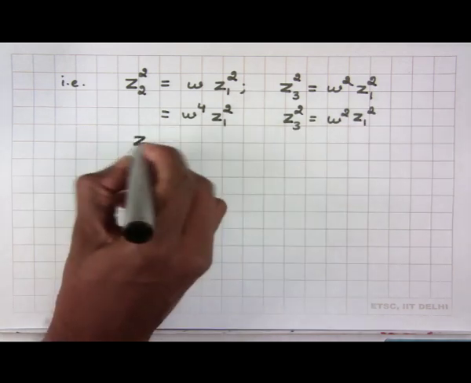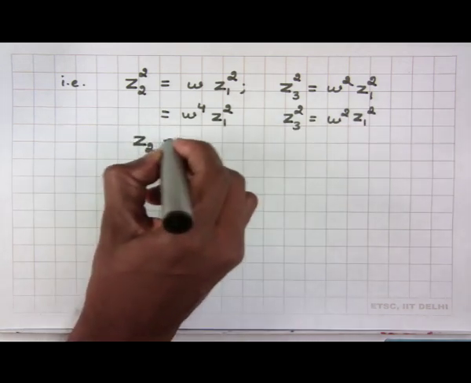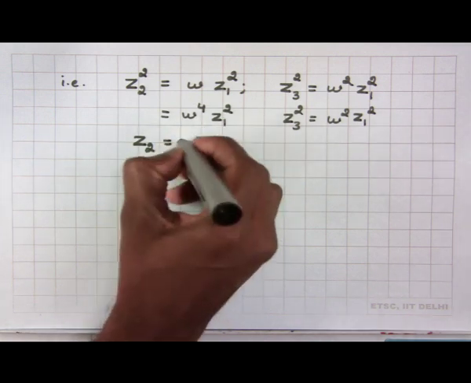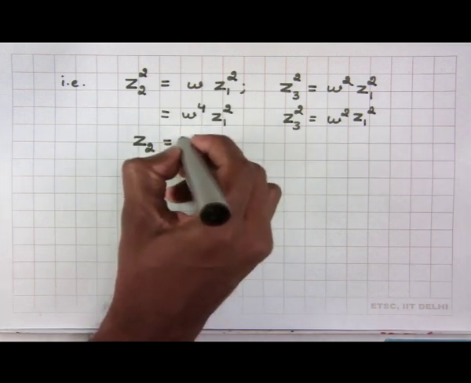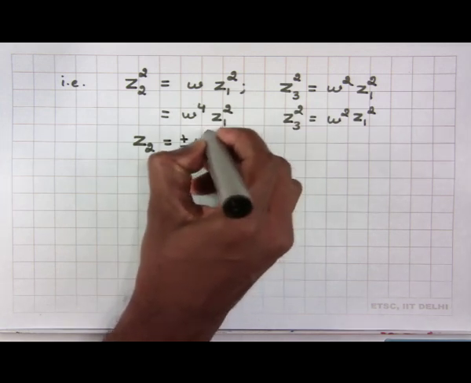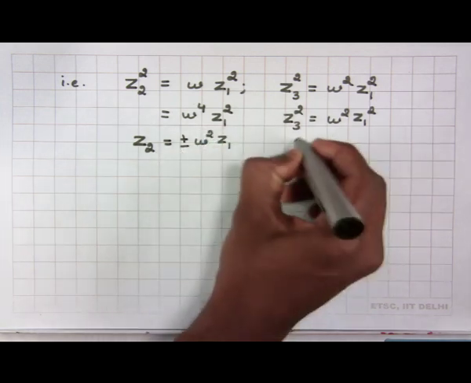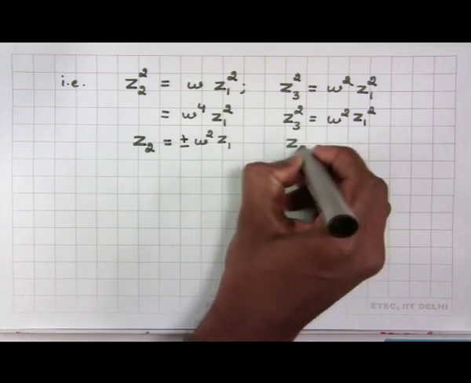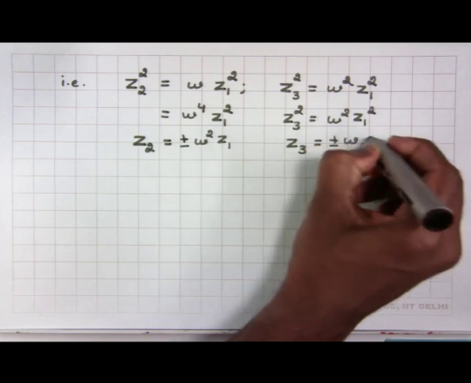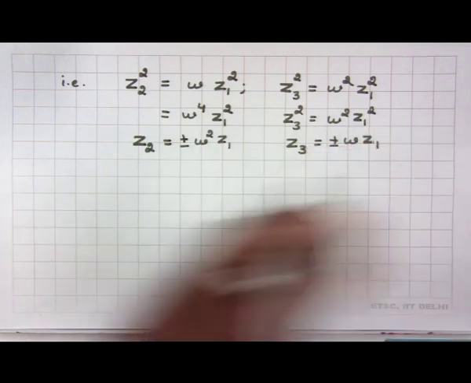Then we see that Z2 is given by the square root of this element, which gives plus or minus omega square Z1, and Z3 is plus or minus omega times Z1.